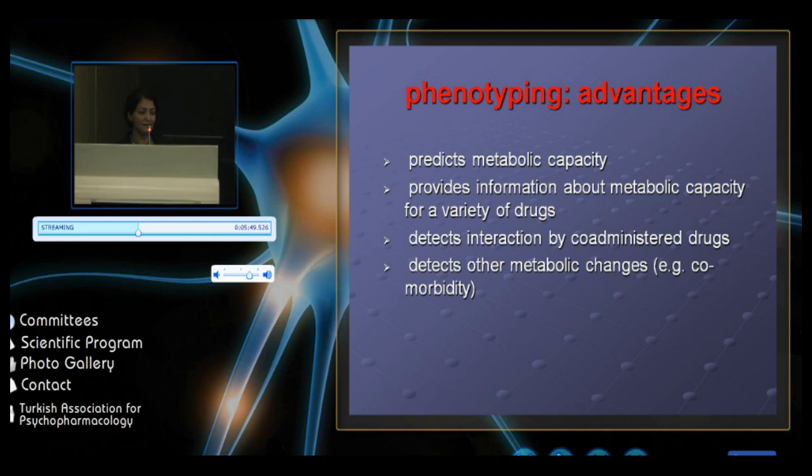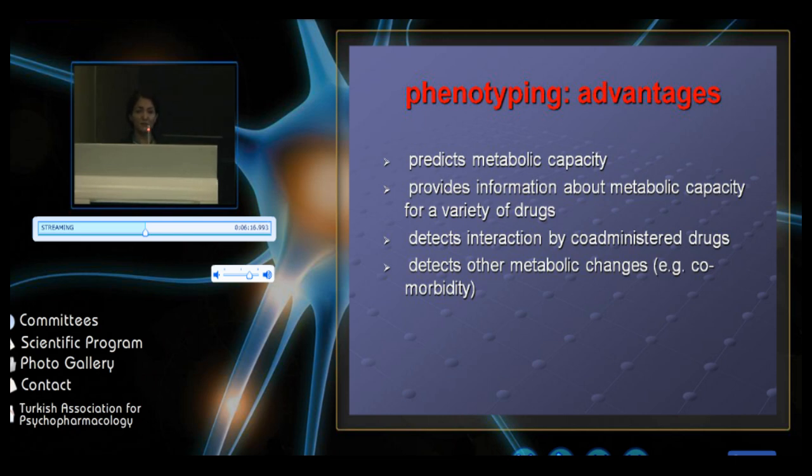Therefore, phenotyping is actually including the genotyping, and it is showing the metabolic capacity for a variety of drugs. In addition, the drug combinations are also important in phenotyping. You can also detect the interaction with the co-administered drugs.